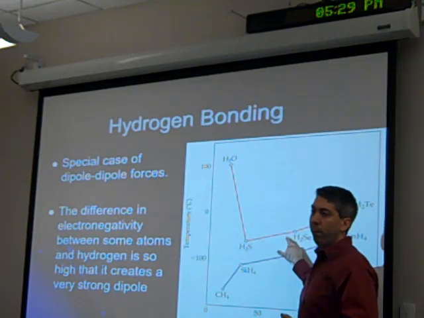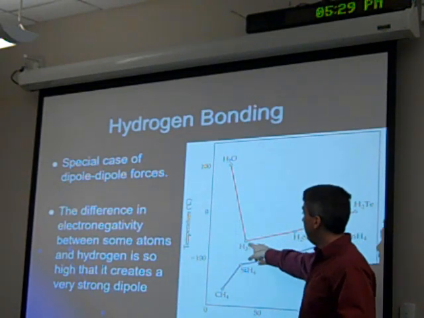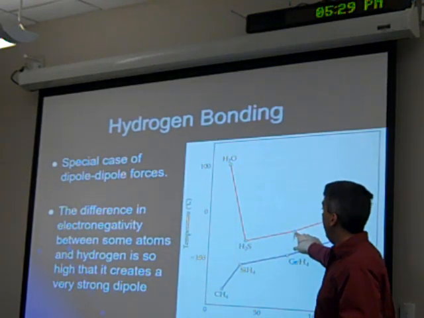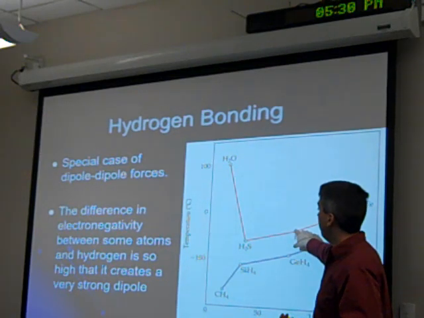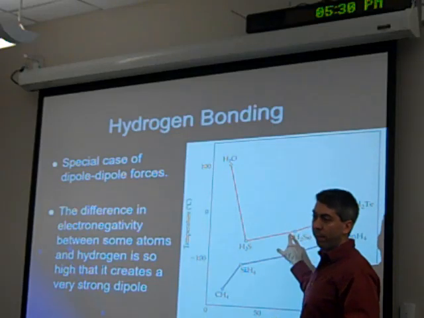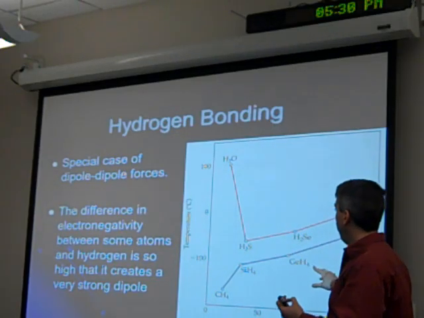But the heavier the molecule is, the more important they become. So even though this has a stronger dipole-dipole force, this actually has greater London dispersion forces, and that more than compensates for the fact that it's slightly weaker on the dipole-dipole front. So you kind of got to take both into account.